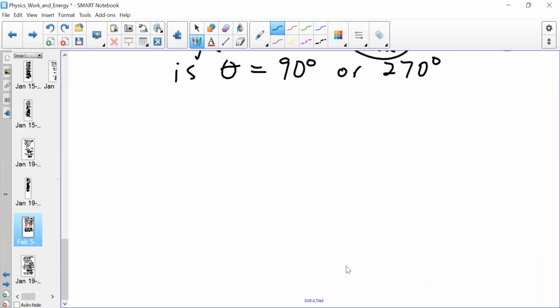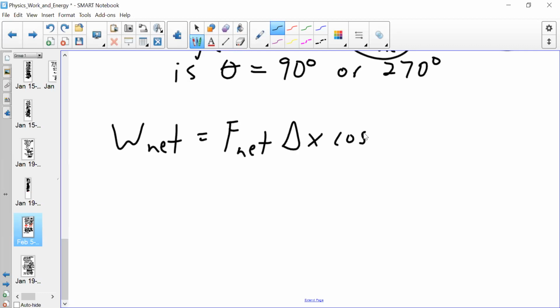Okay, so we have the general equation for work. We also noted that net work, it's a matter of the order, you can put this all as multiplication: F net delta x cosine theta, which is also equal to the change in kinetic energy.